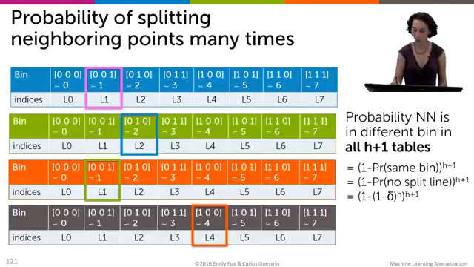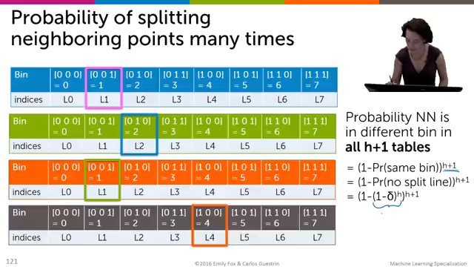Well, it's 1 minus the probability that the query point and the nearest neighbor are in the same bin for a given hash table, but then we have that to the h plus 1 because we're looking at h plus 1 different hash tables. So it's 1 minus the probability that there's no split line and repeating that h plus 1 times. And so that's 1 minus delta to the h plus 1.